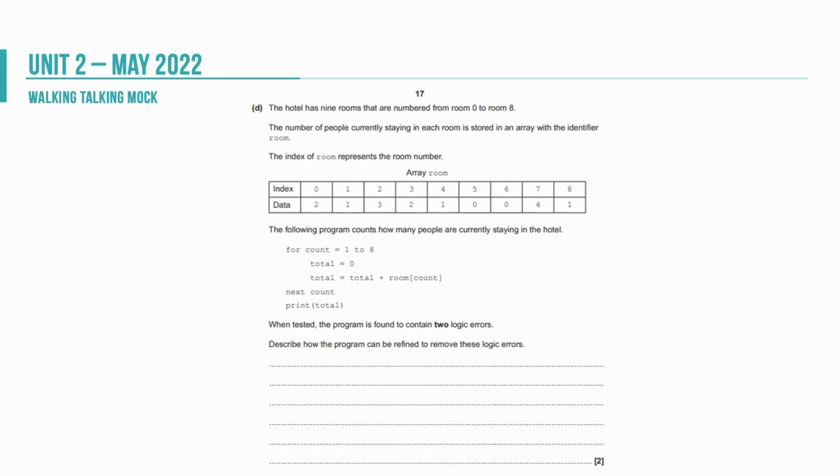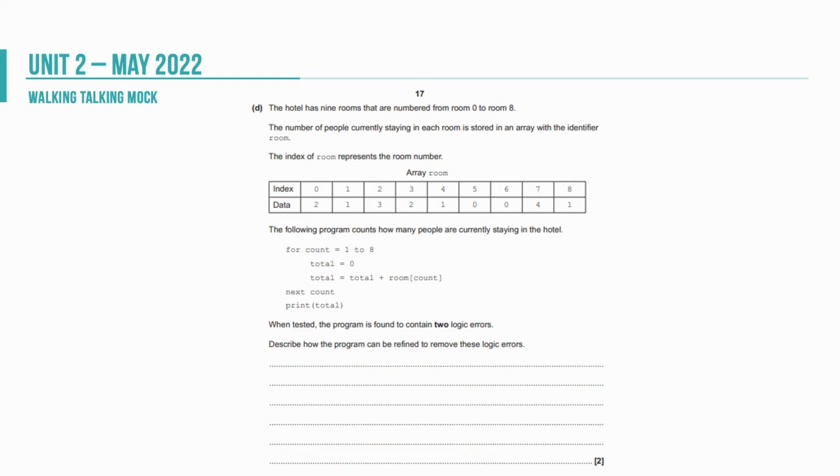We've then got an algorithm and it's asking us to look for some errors. So we've got some code here and it's saying, right, there are 2 problems, and we know there are 2 problems because it says so in bold, but also because we've got the 2 marks available. We're looking at, right, what are these issues? It says that the hotel has got 9 rooms, numbered 0 to 8.